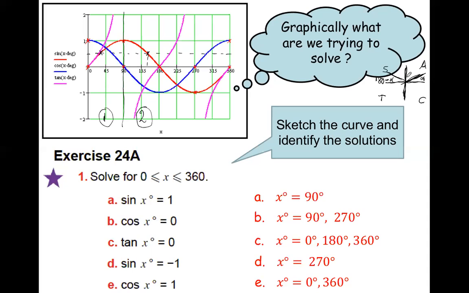Shift sine, which is sine to the minus 1, of 0.5 should give us the answer, which is 30 degrees. So the angle here is 30 degrees. So you would say my first answer, x in degrees, is 30 degrees.